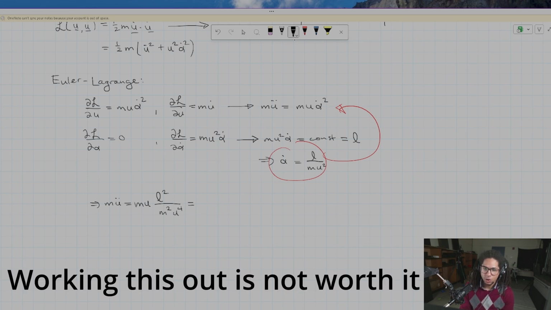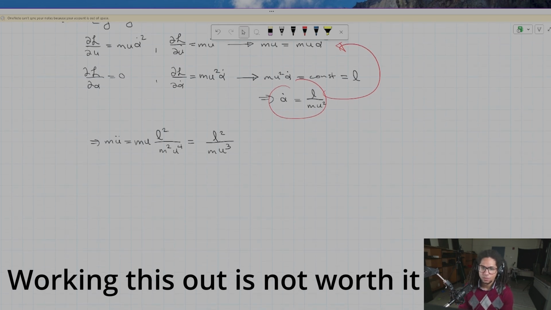Or after doing all my cancellations, I'll get l squared over m u cubed. Good. Okay, so let me rewrite this just to put u on one side. I'll get l squared over m squared u cubed.